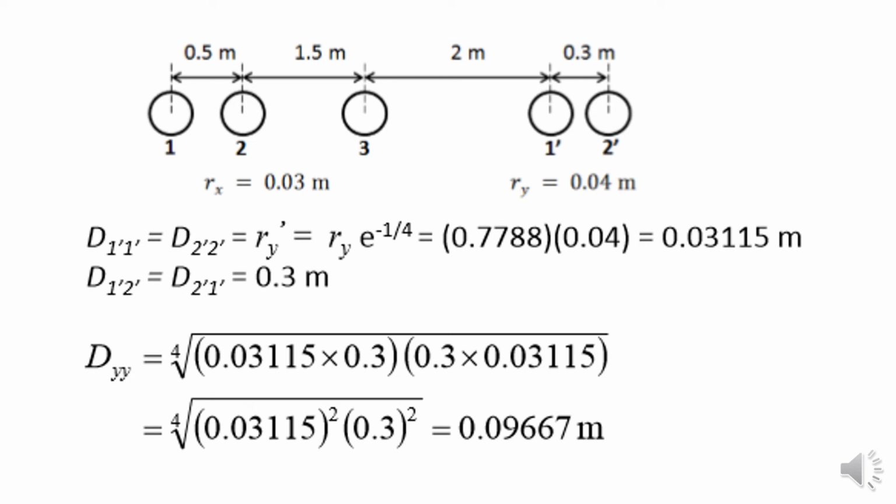Here D1 dash 1 dash, D2 dash 2 dash, that is the same as the previous one, but here Ry means the radius of conductor y, which is different from the value of x, and is equal to 0.04. Again D1 dash 1 dash, D2 dash 2 dash is equal to the radius multiplied by e to the power minus 1 over 4.